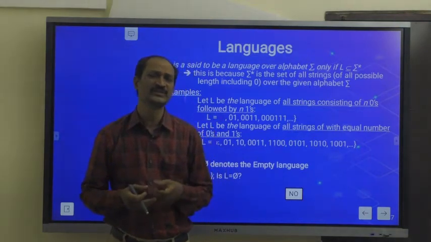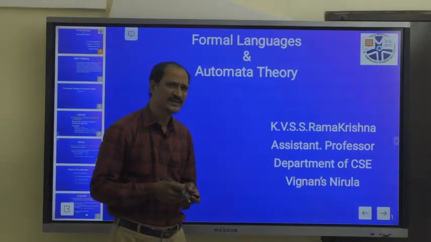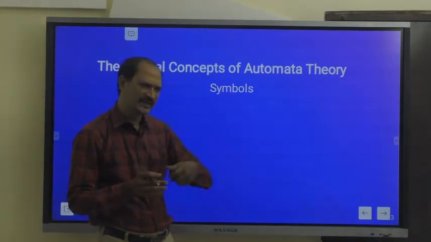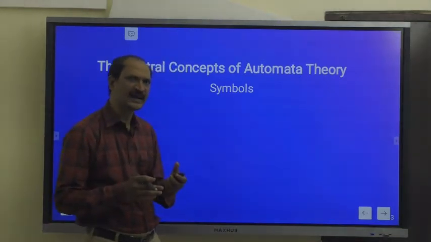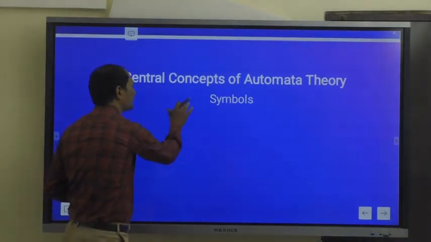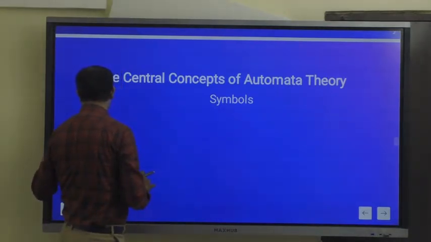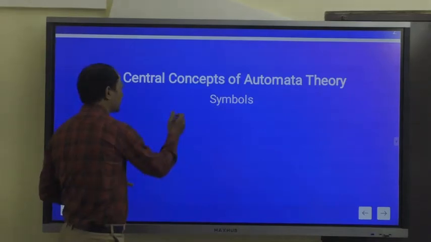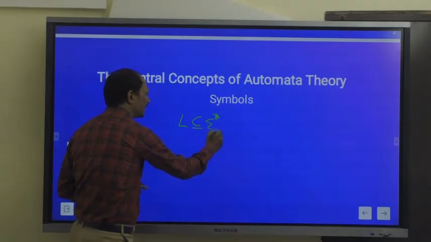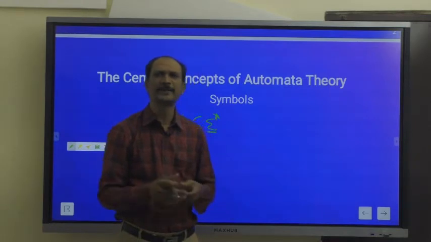A collection of appropriate strings can be defined as a language. So we have an important relationship between a language and sigma star. We can always say that the language L, capital L, is always a subset of sigma star. Why? Because sigma star has the set of all strings of any possible length.